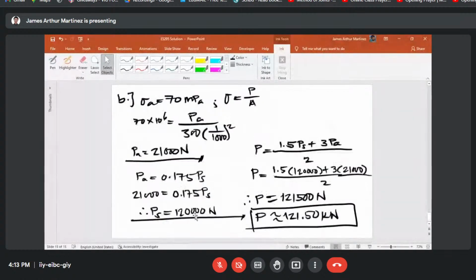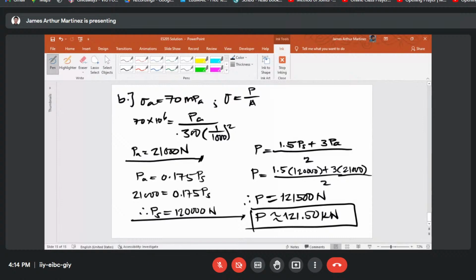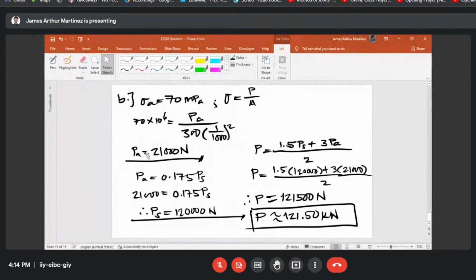Because it is less than 135,000 newton. Okay? Meaning, if you adopt 135,000 newton as the internal reaction of steel, your aluminum material cannot withstand it. Because if the internal reaction of steel is 135,000 newton, your internal reaction for aluminum is 23,625, and the allowable internal reaction your aluminum can handle is only 21,000.